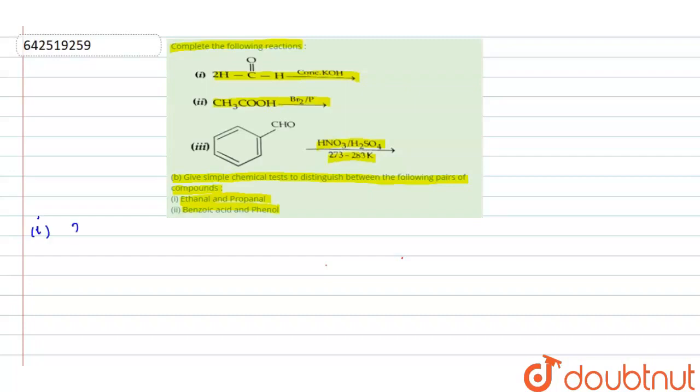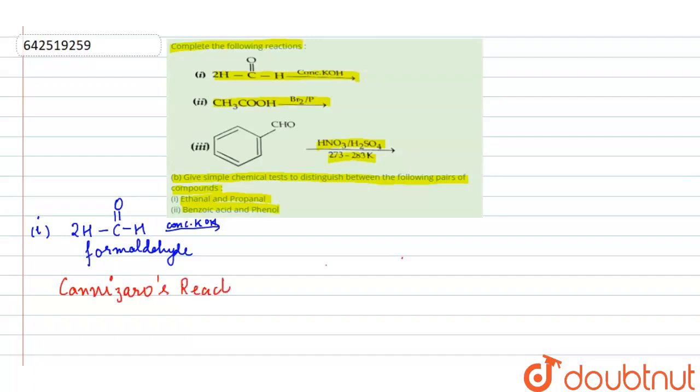The first reaction is 2HCHO. This is formaldehyde. It is undergoing a reaction in the presence of concentrated KOH. This is the Cannizzaro reaction, a name reaction, in which there is no alpha hydrogen.